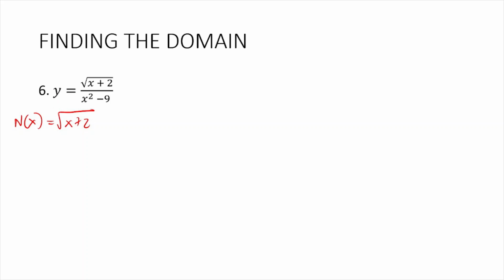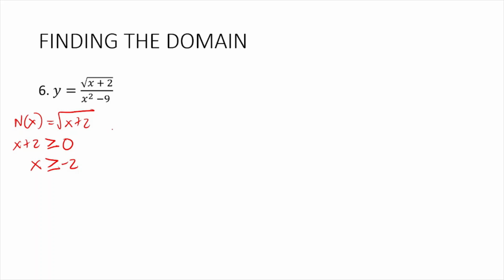The index is 2, so we don't want the radicand to be negative. So we say x plus 2 must be greater than or equal to 0. Then we solve for x, so x must be greater than or equal to negative 2. Then we set this aside for now.